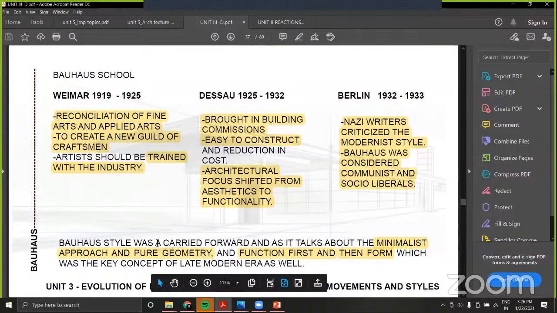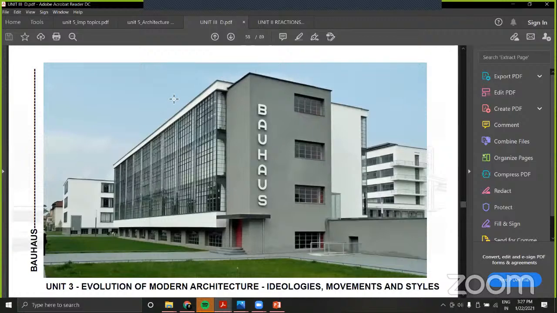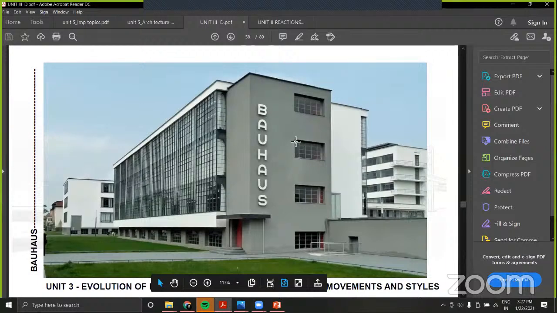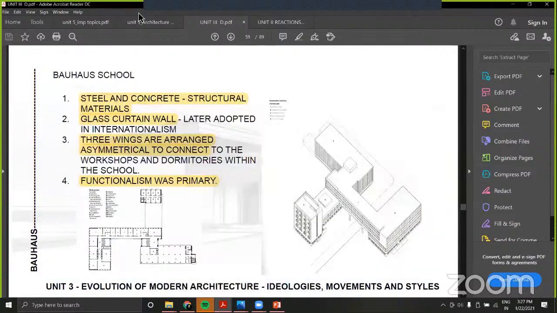They wanted a minimalistic approach and a pure geometrical form. This is the Bauhaus school. It was destroyed during the World War period by the Nazi government, so it does not exist now, but it was a building admired by a lot of architects.